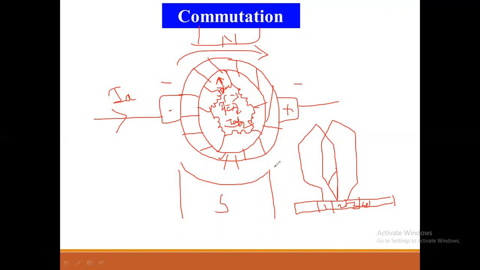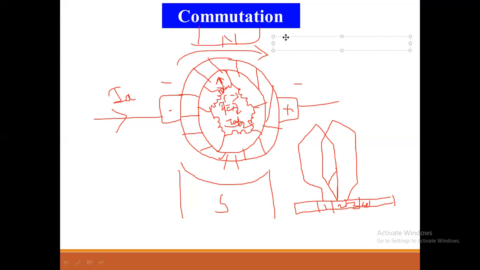So this reversal of current in the coil when the coil is passing from one pole to another pole or one brush to another brush, this process is called commutation.